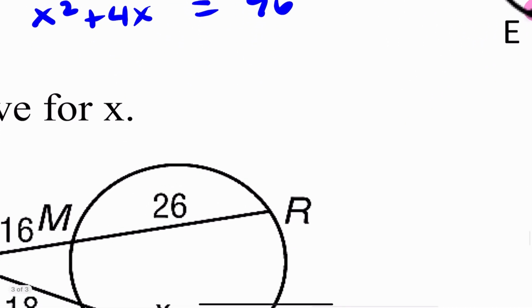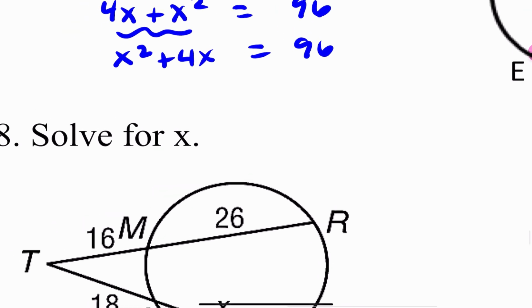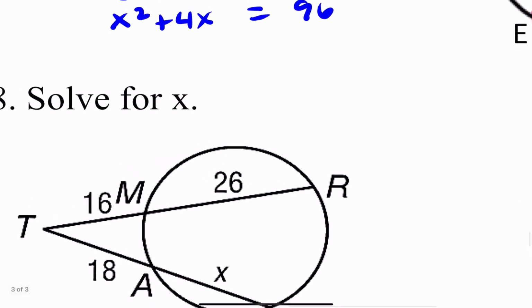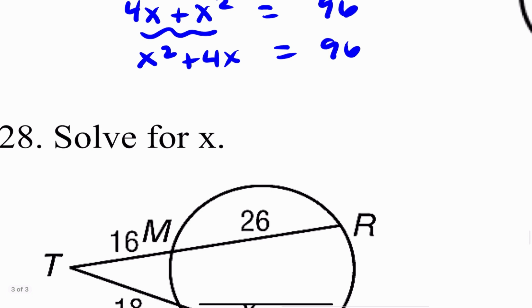And this looks like something in the form ax squared plus bx equals c, or ax squared plus bx plus c, right? If you want to get it in the form I just said earlier, ax squared plus bx plus c, you got to subtract both sides by 96.